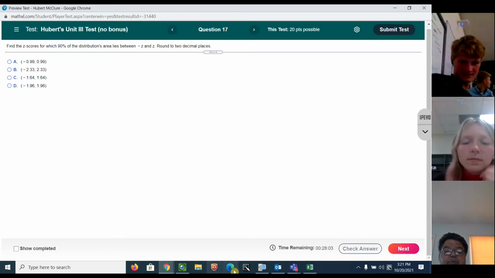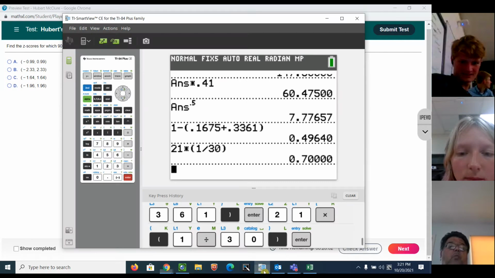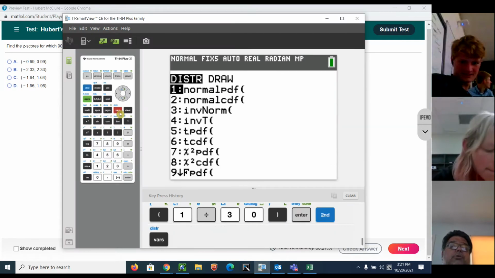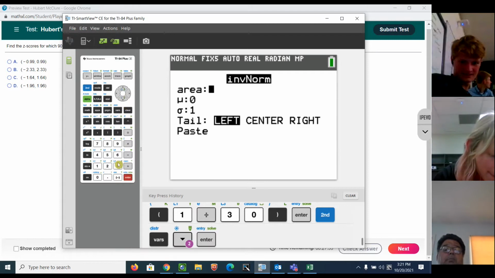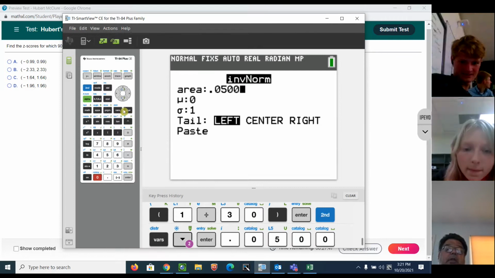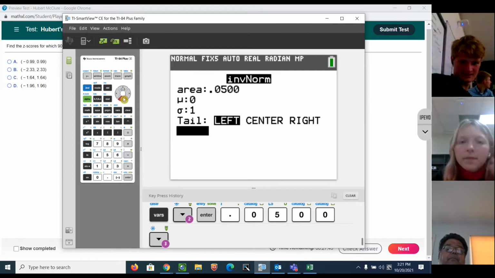So I'm going to do second bars, inverse norm, 0.0500, and left is fine.